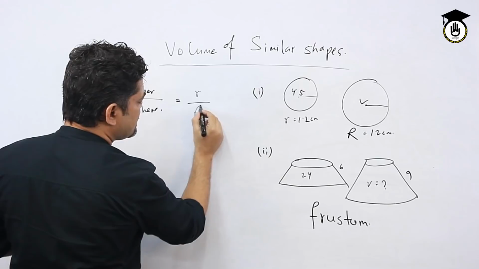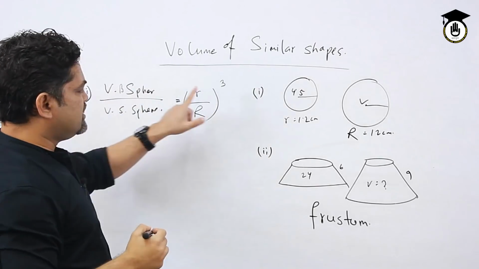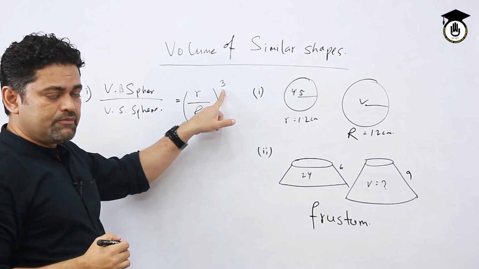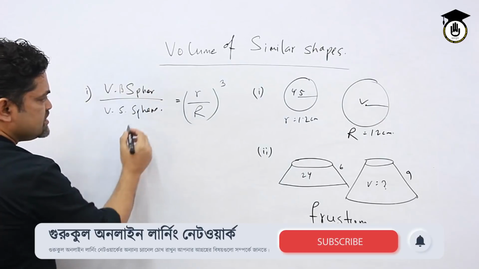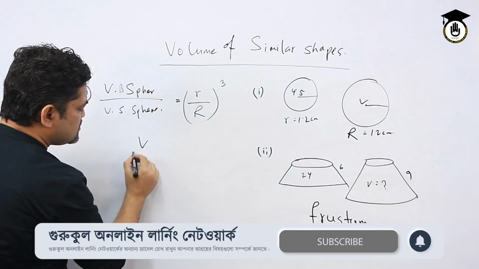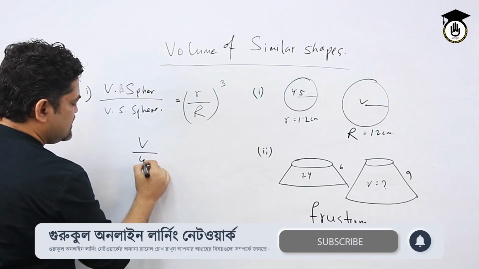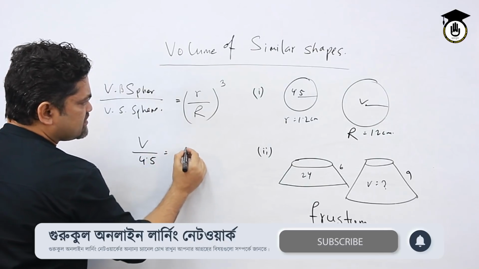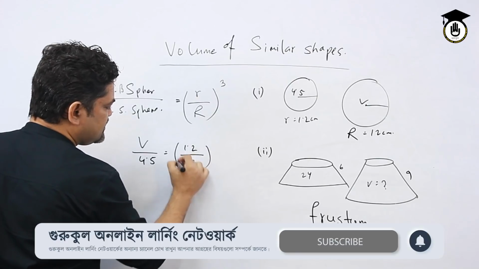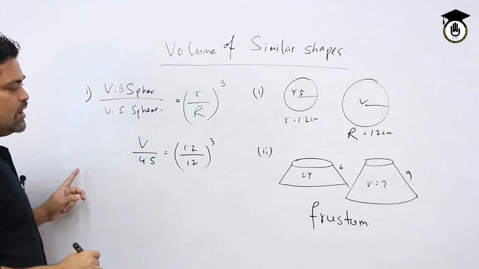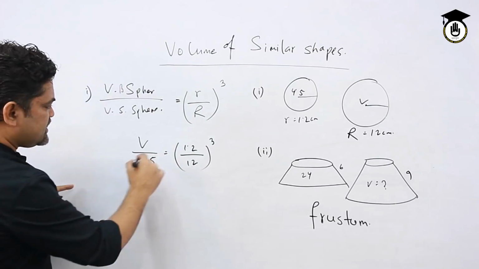If I write 2R, you might not understand it. From the volume formula, the cube comes in. The volume of the bigger sphere we do not know, so we write V, and the volume of the smaller sphere is 4.5, which equals 1.2 divided by 12, all cubed.